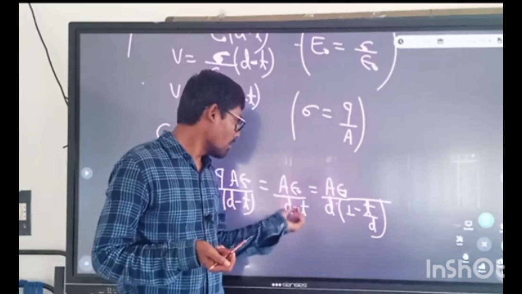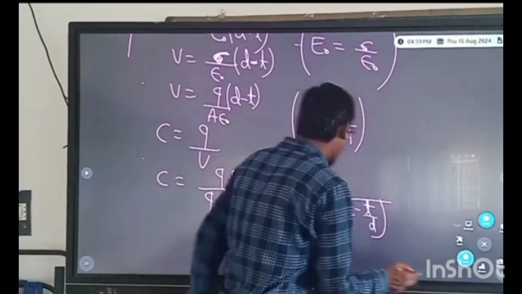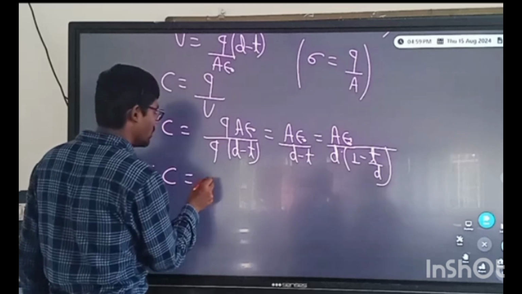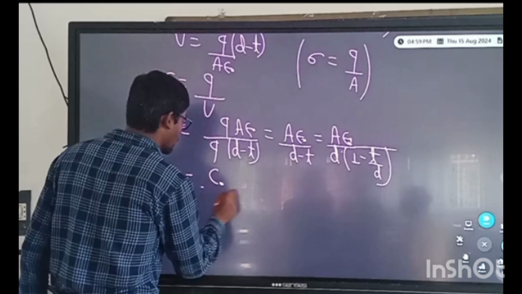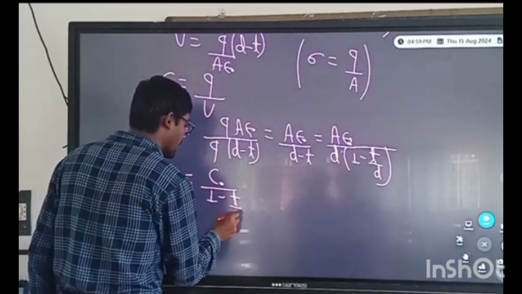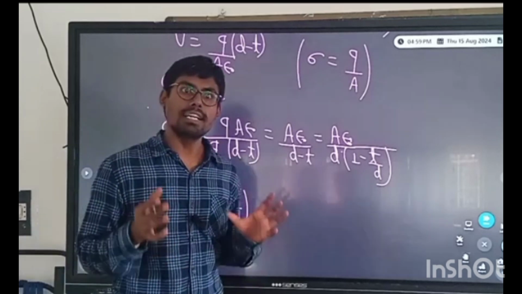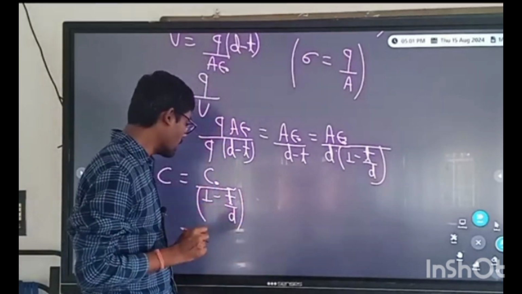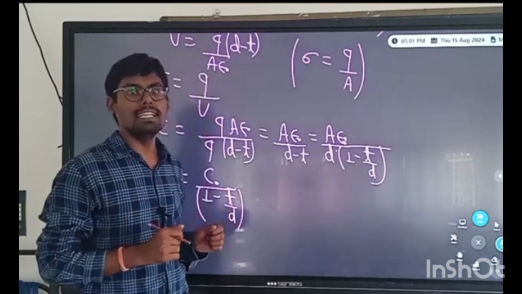A epsilon naught by d is the original capacitance, so C is equal to C naught divided by (1 minus t by d).